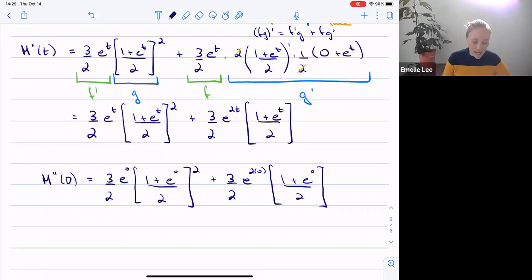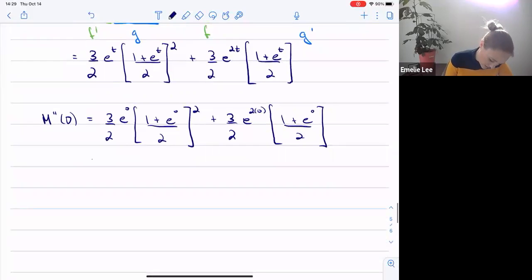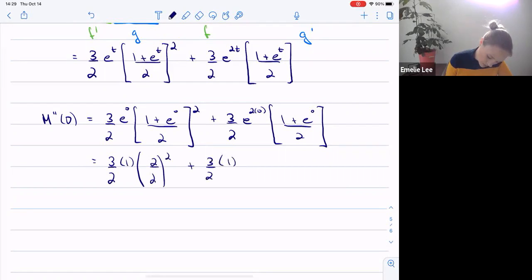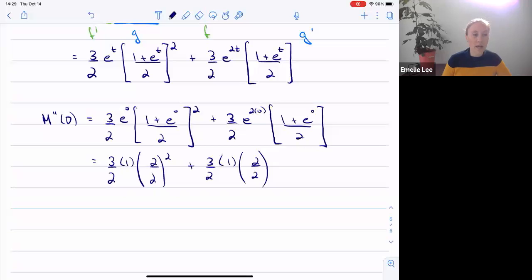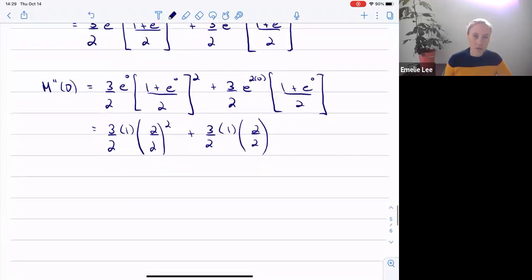And then we have, so I'm just going to take some time here, 3 over 2 times 1 plus, and maybe I'll just write 2 here, 2 over 2 squared, plus 3 over 2 times 1 times 2 over 2. 2 over 2 is 1, 1 squared is 1, so I get 3 over 2 plus 3 over 2.